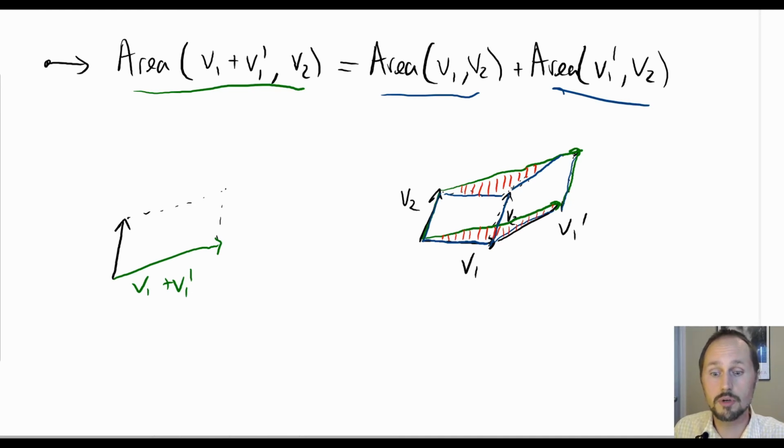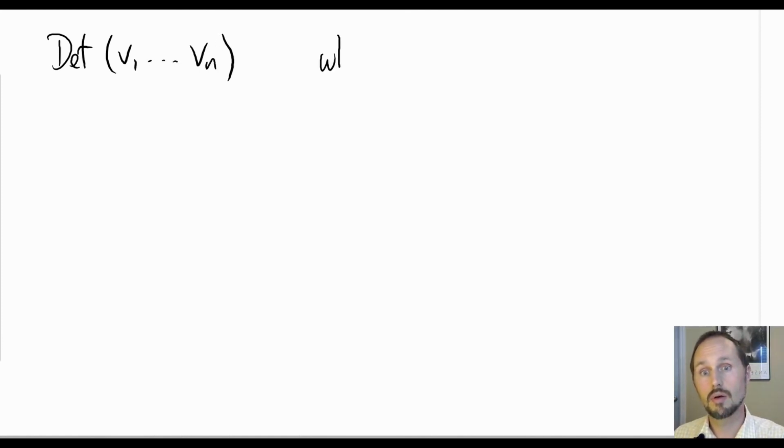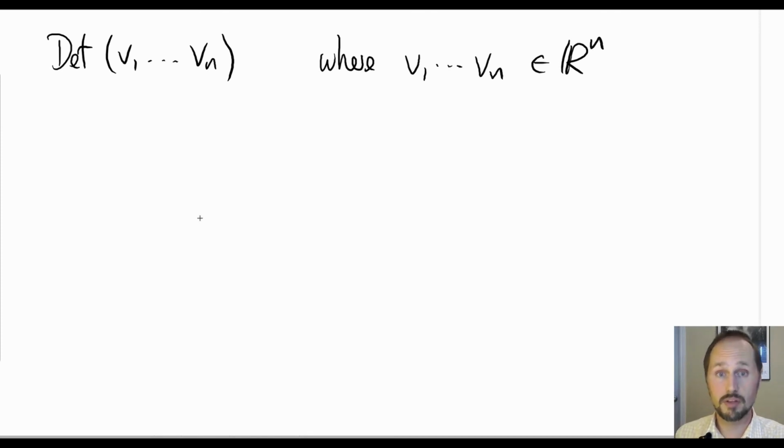So this is what we're going to do. We're going to use this property and make it a definition. We will say that the determinant of a collection of vectors, let's say v1 up to vn, where v1 up to vn are in Rn, we're going to define by its properties.